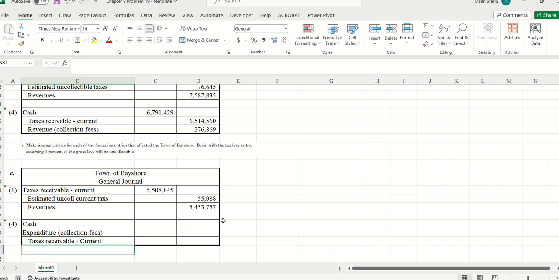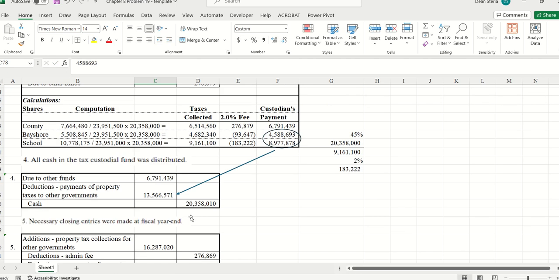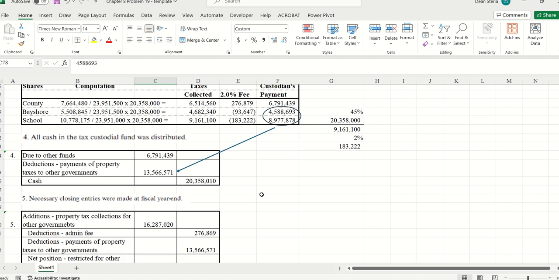All right. So the 4,588,693, which is right here, and how do we get that number? And that is this number right here. This is the actual amount that Bayshore is going to get.